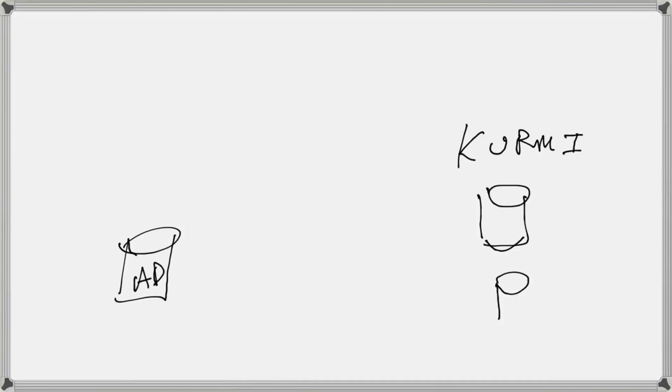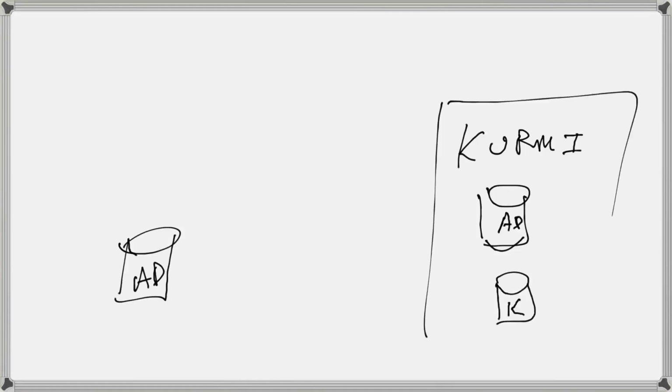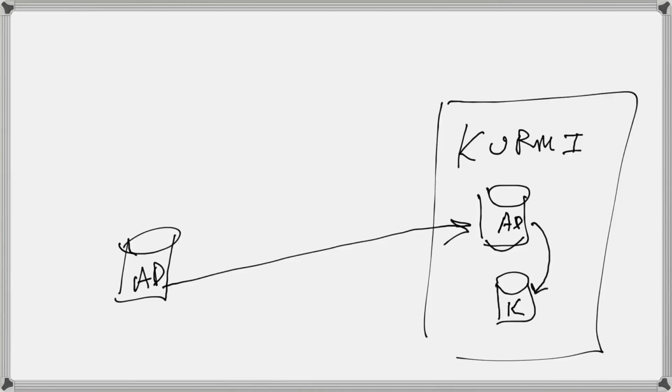I don't draw databases very well, but then we'll name that one Kurmi, and this is Kurmi app. This one's just going to there. Okay, and if I want to create a user that's going to use a phone or anything, I got to pull it from there to over here. Gotcha.